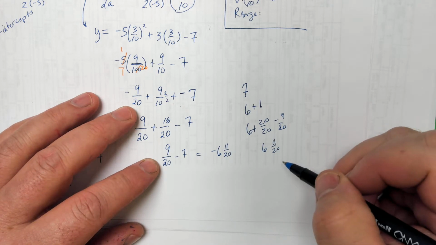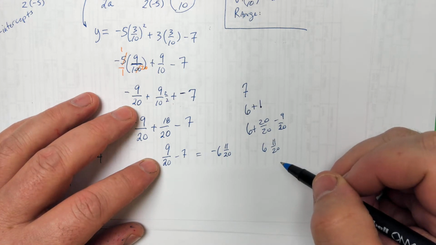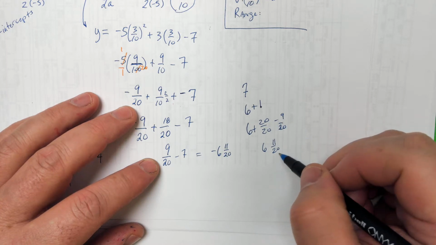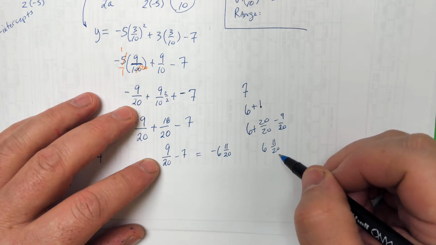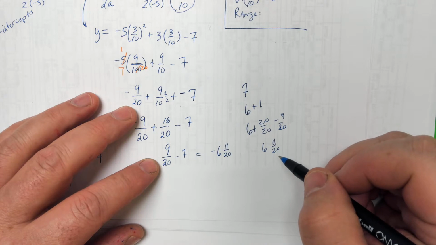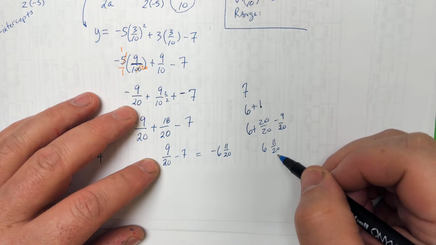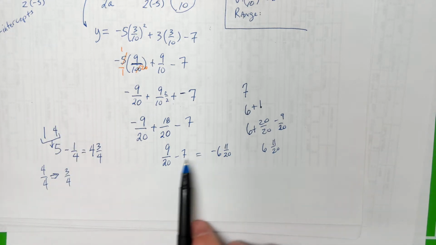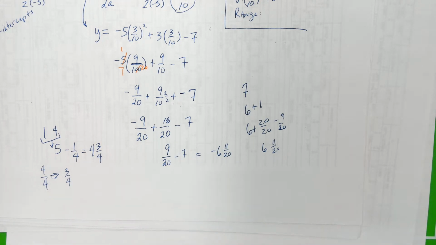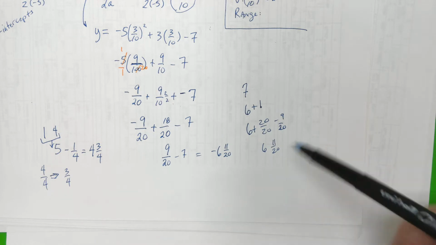Because 20 minus 9 is 11. And then the only other thing is that you have to be careful of the signs. 7 is negative. But you can do all that in your head.